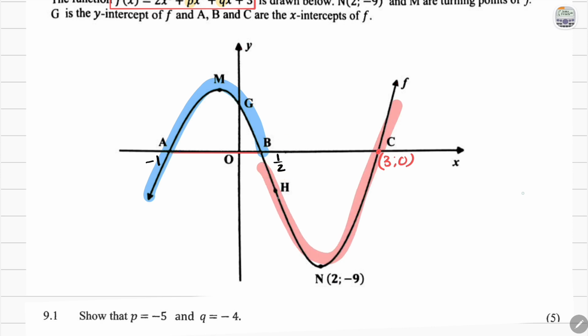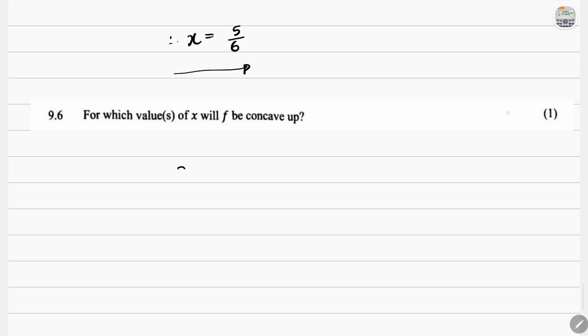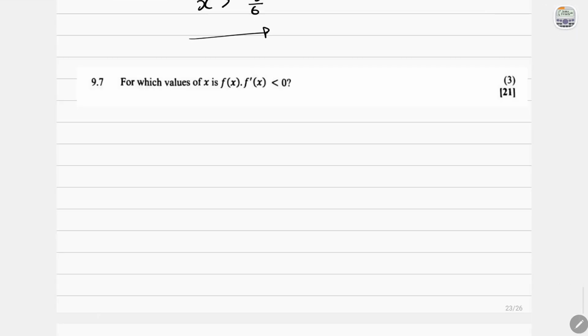If we know that the point where it changes concavity is at 5 over 6, then it means that where it is concave up, where it has a smiley face, would be all these values here. So if you map these up to the x-axis, do you see that there are values that are greater than 5 over 6? Okay, so that is our answer. We'll simply just tell them x is greater than 5 over 6. Okay, moving on to the next question.